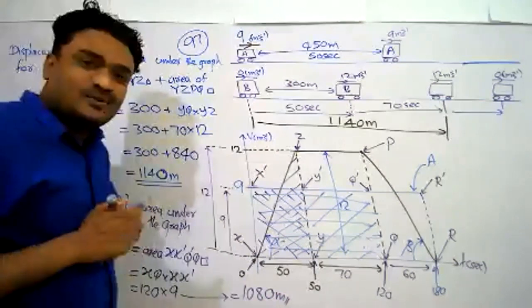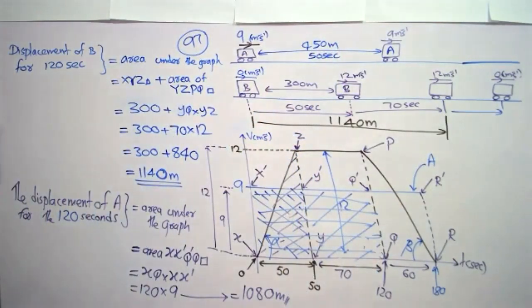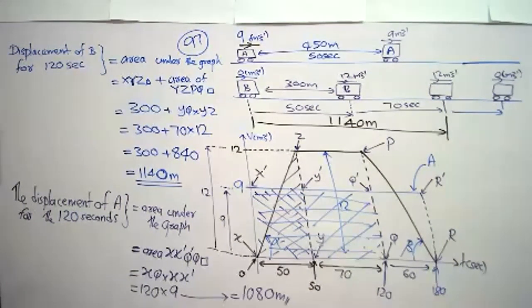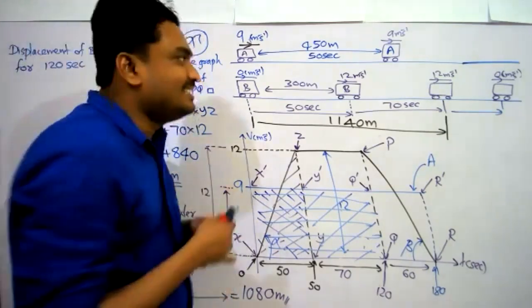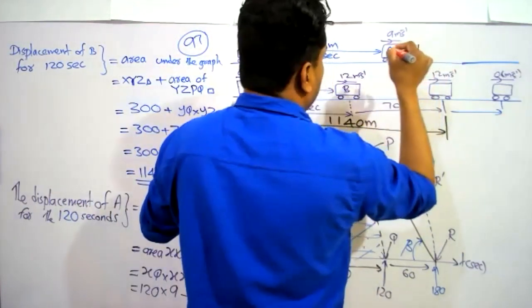So what do you think there? Who got this answer? First raise your hand up. Who got the displacement of A after 120 seconds as 1080? Very good. So it means vehicle A is still behind.